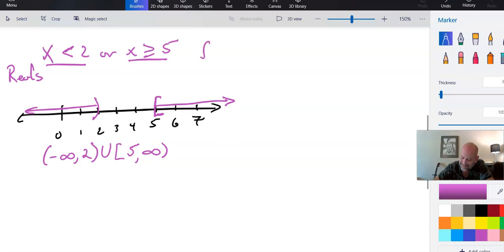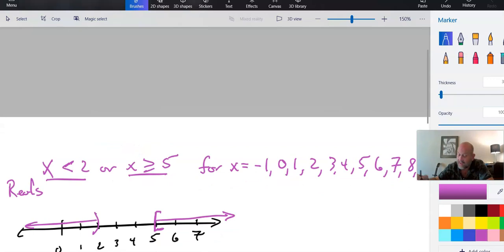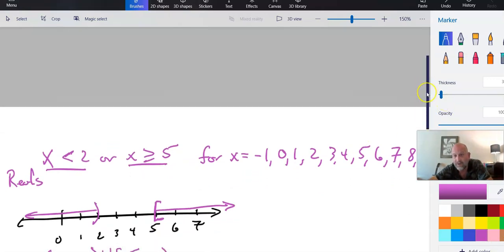There we go. For x equal to negative 1, 0, 1, 2, 3, 4, 5, 6, 7, 8, 9. I got a little too close to the edge there. I hit the scroll.